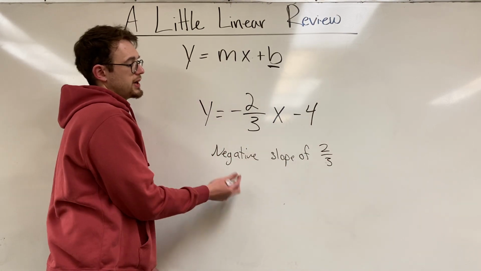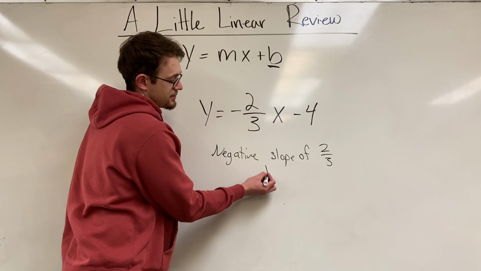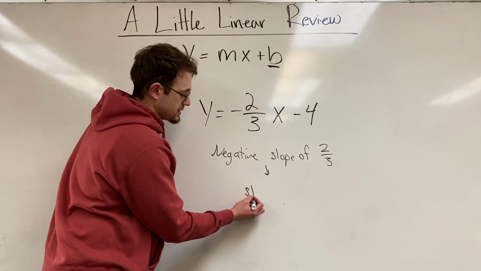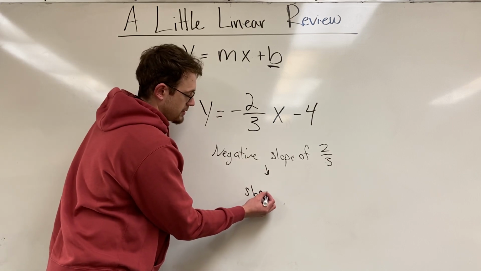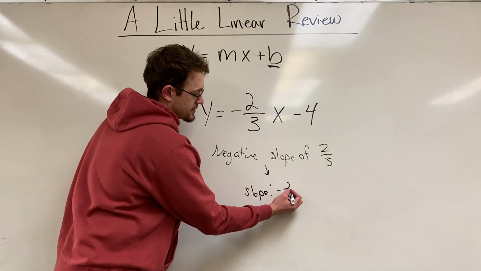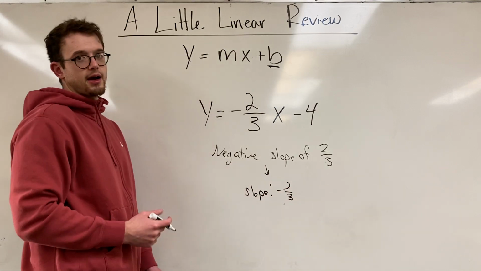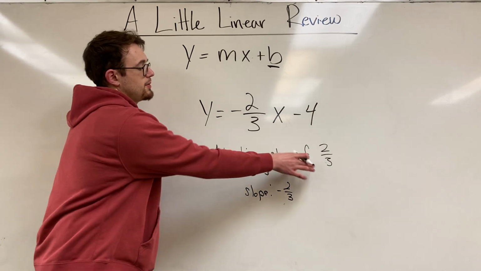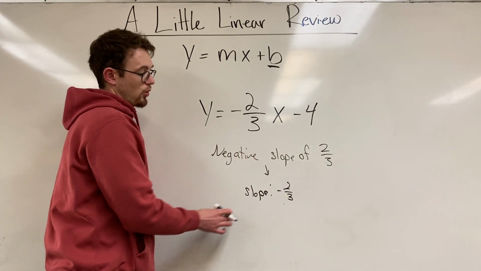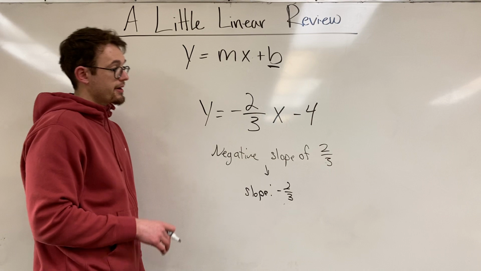All right, another way you could write this is slope negative 2/3. This is another way that I would want my students to be able to write it. Negative slope of 2/3, the negative is there, or you can write slope negative 2/3.